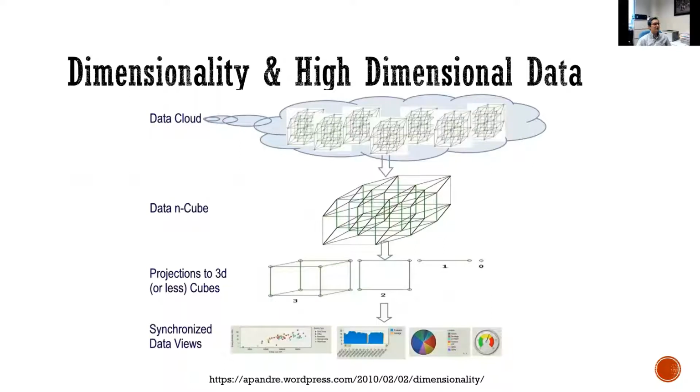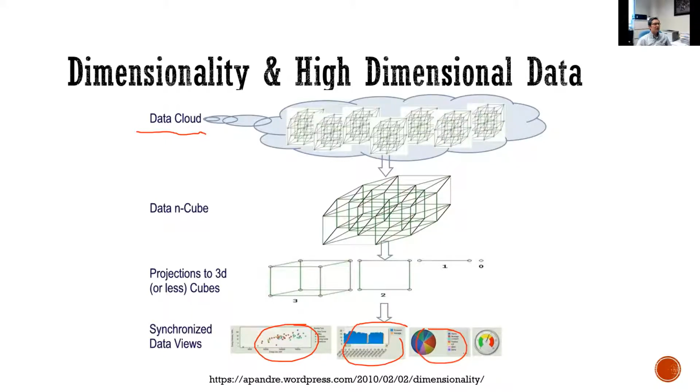I have slides to illustrate again the dimensionality and high-dimensional data. How are you going to reduce the dimension? You have a really high-dimensional data cloud. If you apply a dimension reduction algorithm, you can reduce the dimension to a level that you can easily visualize, summarize in clustering, and do subsequent analysis.